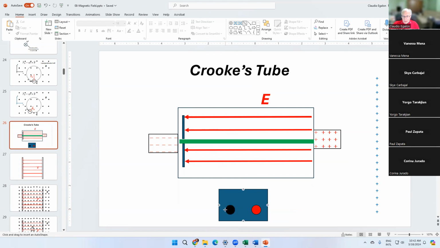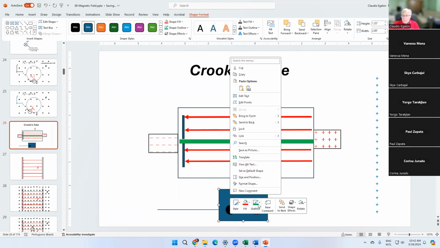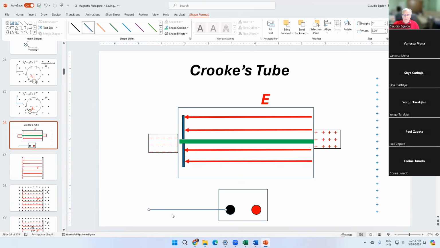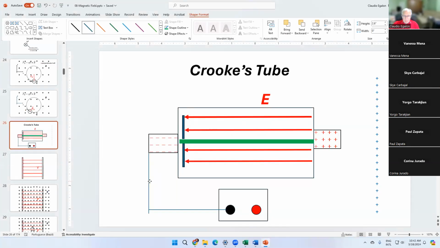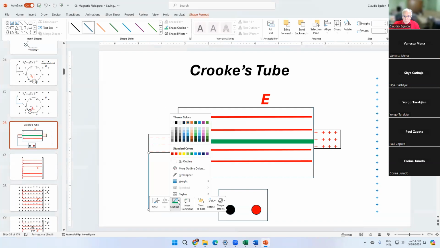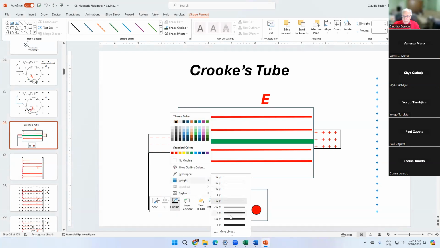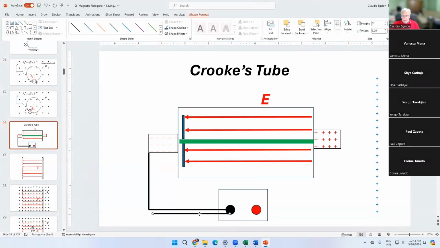And my cables, connected to the electrodes. This cable here is going to be black. I'm going to make it a little bit thicker. Yep. And the other cable here is going to be red.